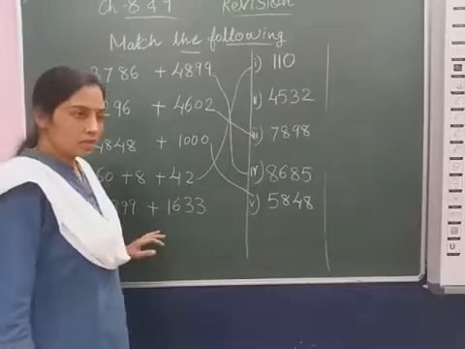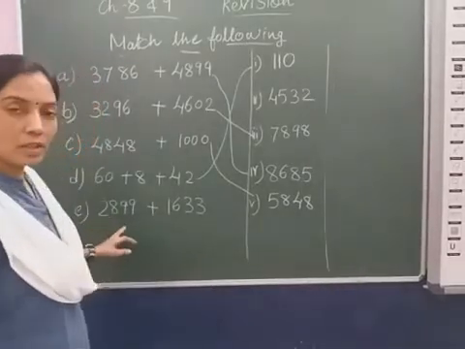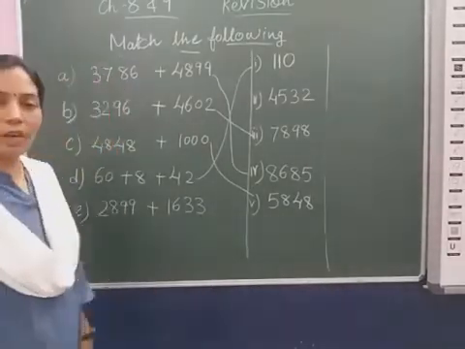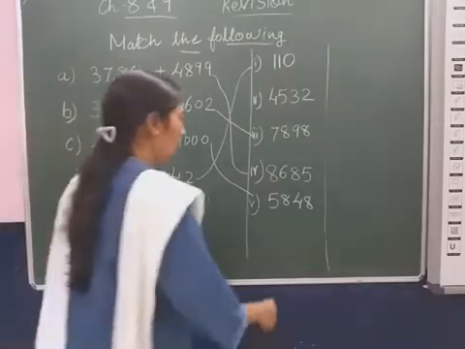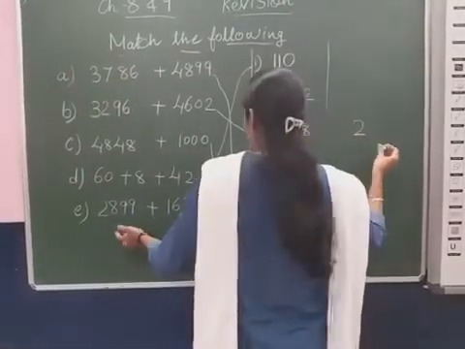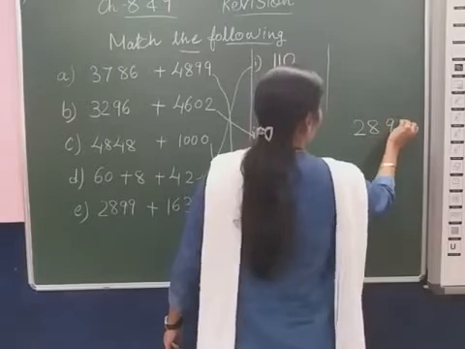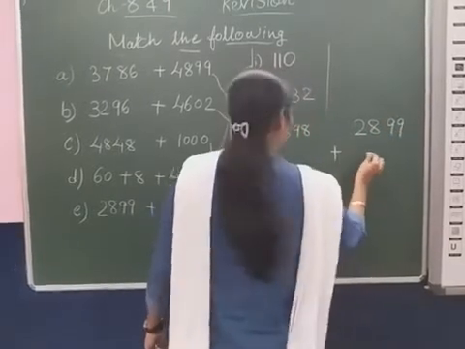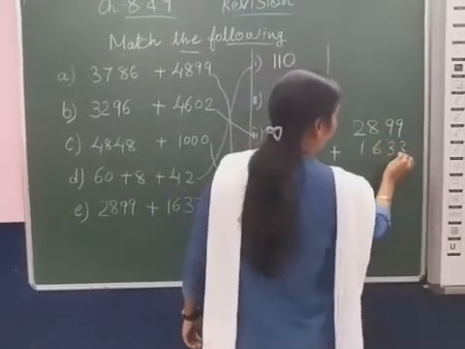Now for the last one, we will do 2899 plus 1633. I will show you the addition. 2899 plus 1633.